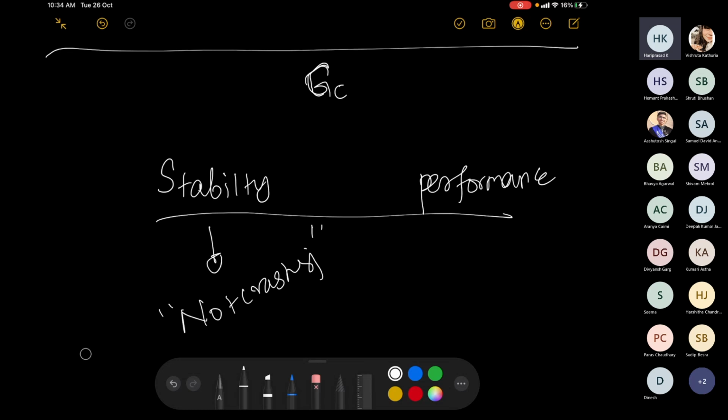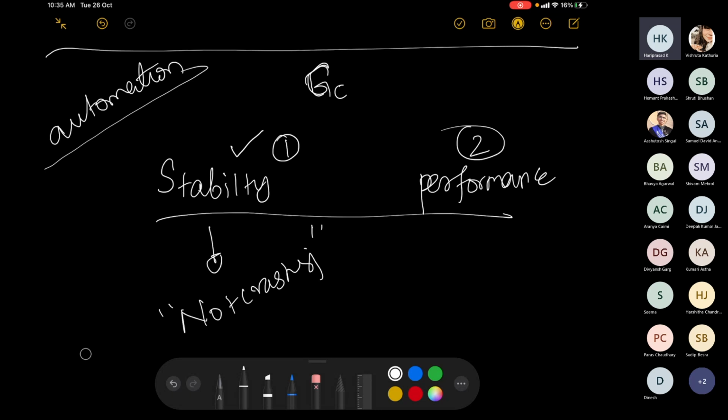Any control system you design for automation, be it a self-driving car, chemical process control, or robotics, should have two conflicting characteristics. One is stability, which means things are not crashing.